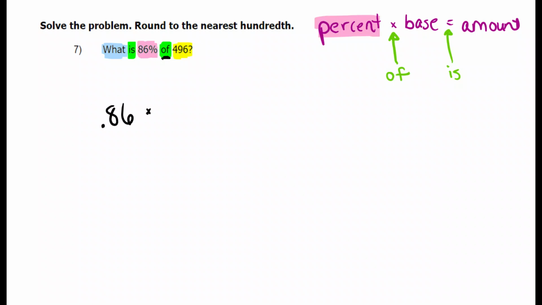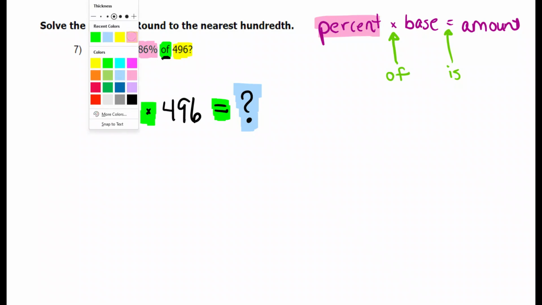"Of" means to multiply. 496, that's my base. "Is" equals, and then your "what." In class I always use a question mark, but you can put a variable in there if you want. So just to highlight, the "what" is the question mark. The "is" is your equal sign. The "of" is your multiplication sign.